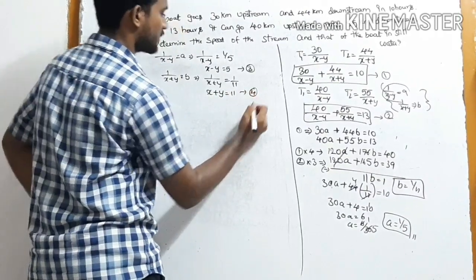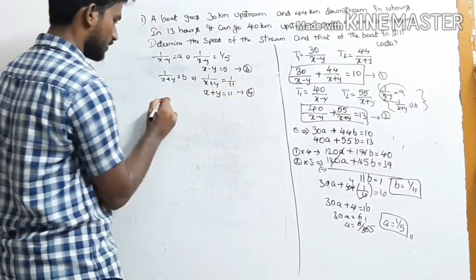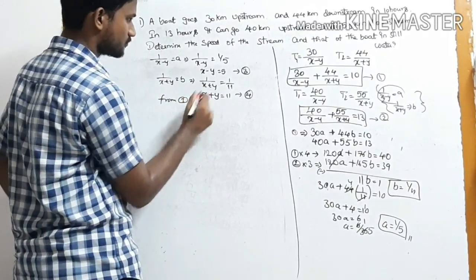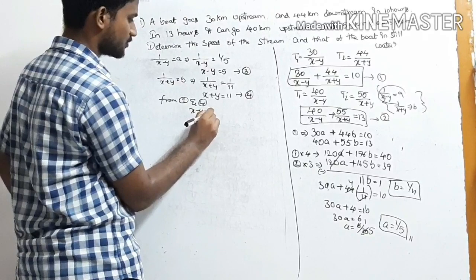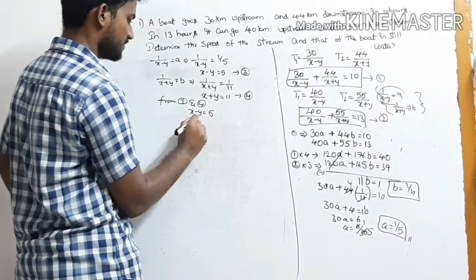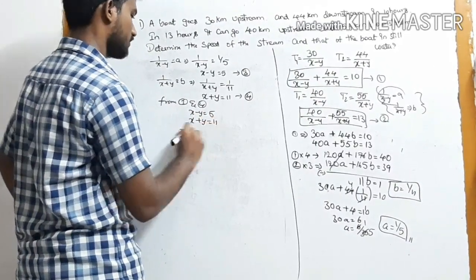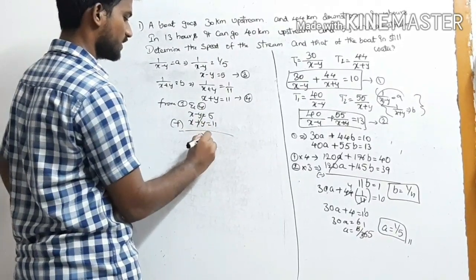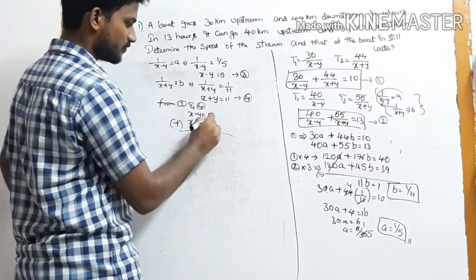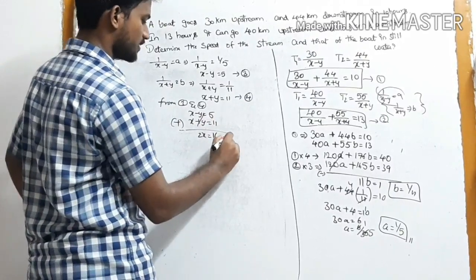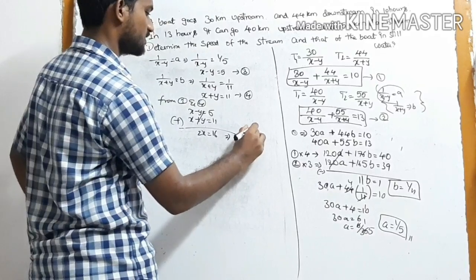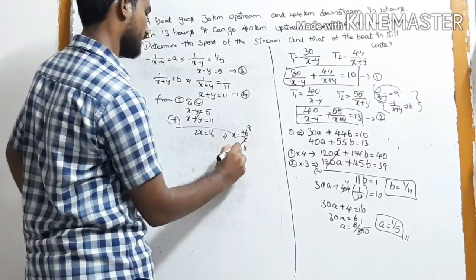That is the fourth equation. Taking the third and fourth equations, x minus y equals 5 and x plus y equals 11. By addition, y cancels, 2x equals 16. Then x equals 16 by 2, that is x equals 8.